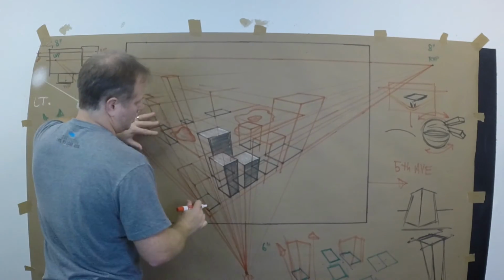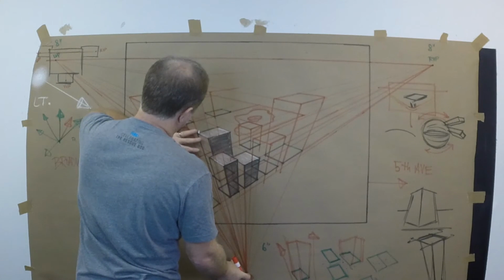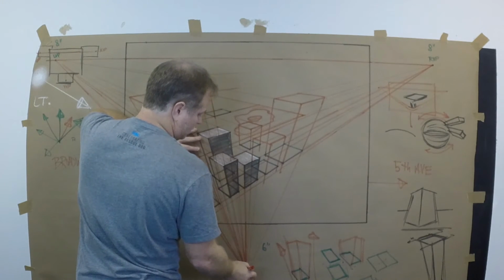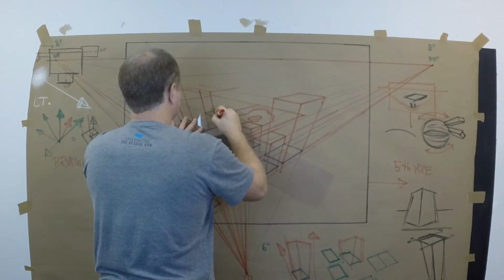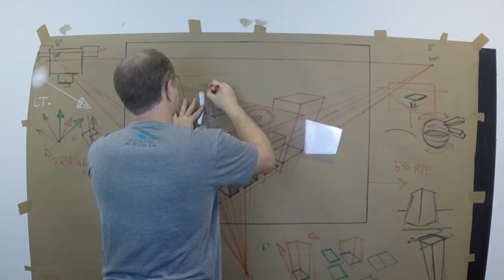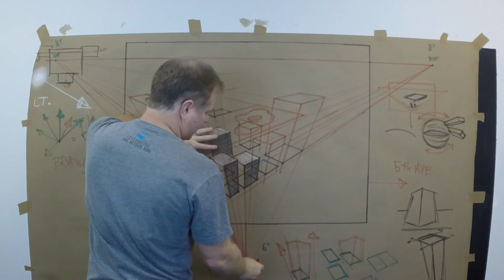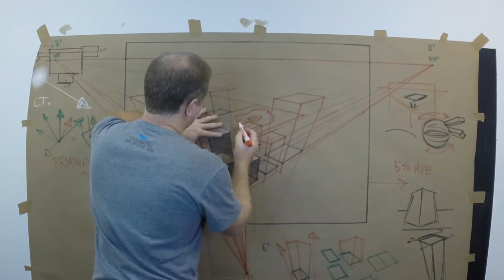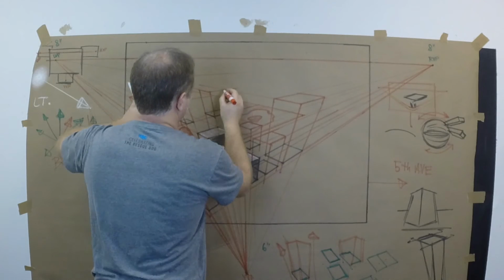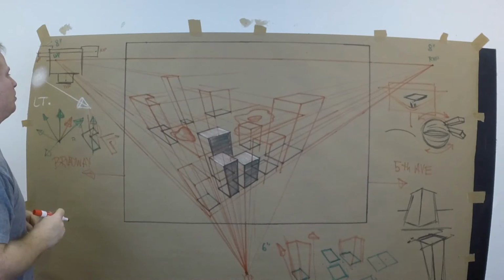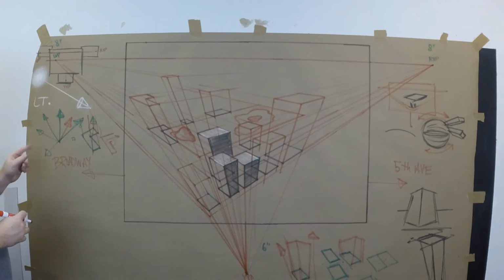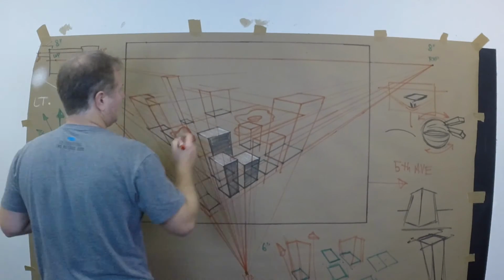Okay. And now we need to bring up our convergence line from the vertical vanishing point here to here. So let's do that. Up to there. There's our left side. Let's get our right side. There. So now we have our right side and our left side, and now we can bring our building and finish it out.